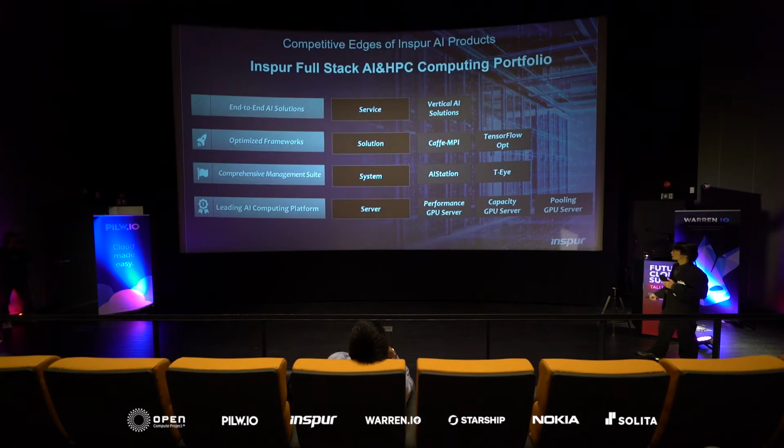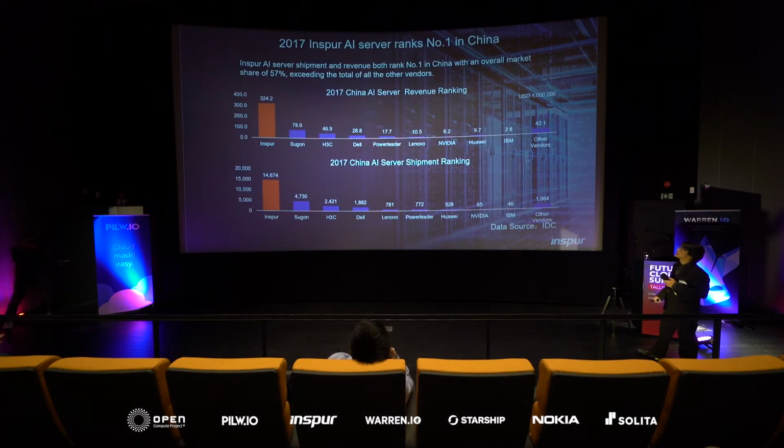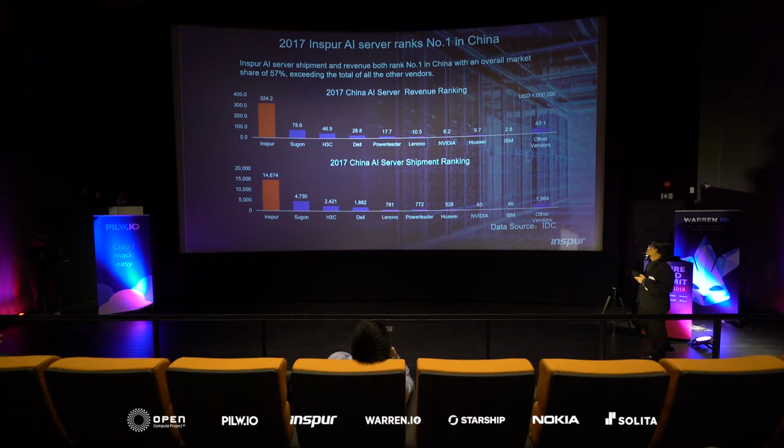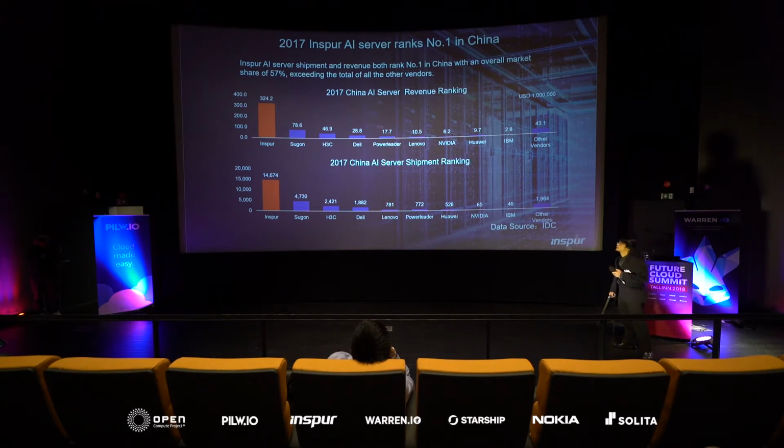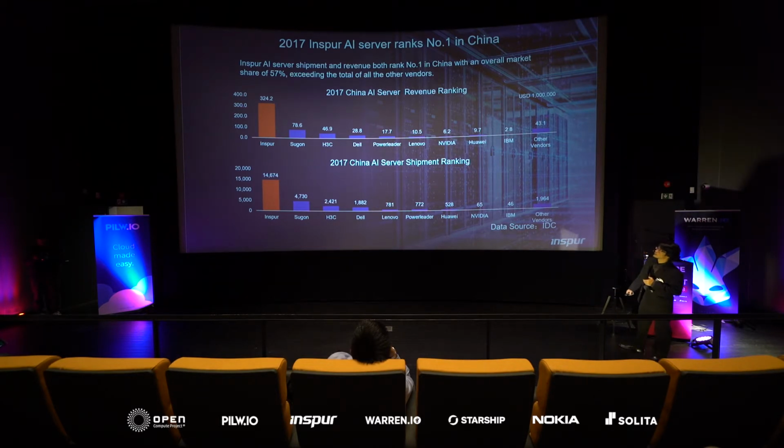And this page shows Inspur is the number 1 provider, not only in number of units but also in revenue, and you can see that the total of the rest of the companies is over the other company's total.